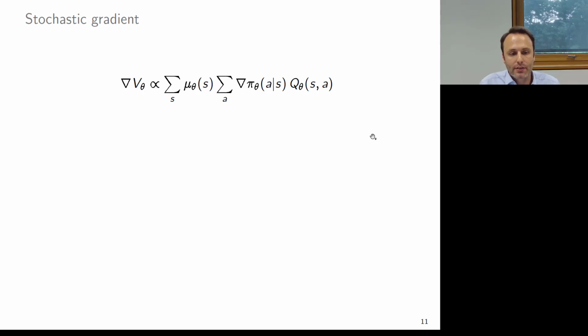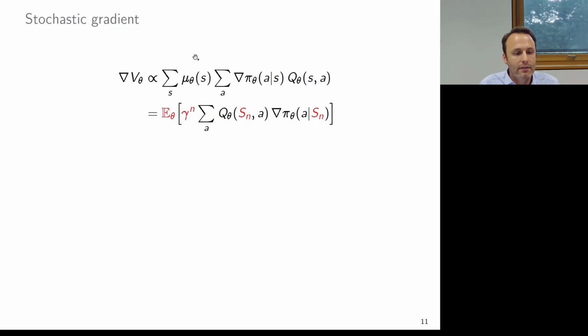So let's write this up, and we want to actually get rid of this sum here and the mu, and also the other sum here, because this is for all the states. We want to see what happens at the state that we are in.